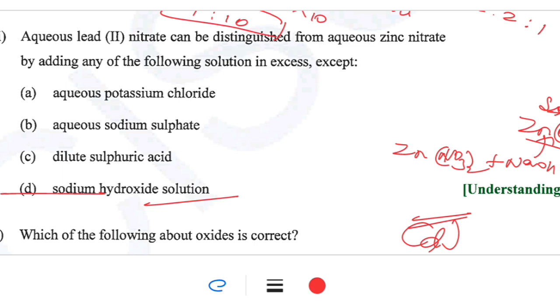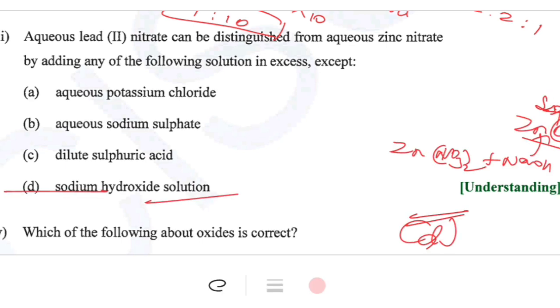But in a similar manner, if I react lead nitrate with sodium hydroxide, it gives us lead hydroxide, which is not soluble in ammonium hydroxide. So again, sodium hydroxide is used to distinguish between these two chemical compounds.